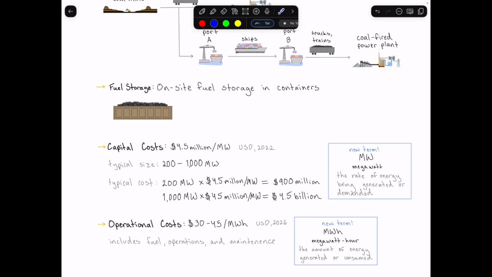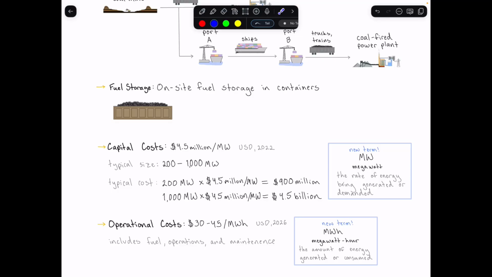And in this analogy, a megawatt hour is like the total distance the car can drive over a period of time. So if you have a more powerful car with a higher max speed, this car can drive a larger distance over a given period of time. Now with a power plant, the higher the megawatt rating, the more electricity it can generate in megawatt hours over a given period of time.